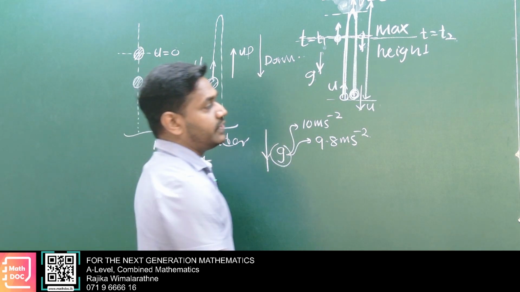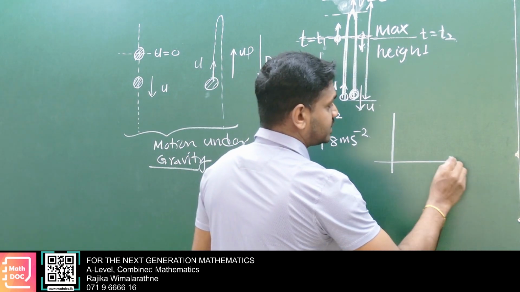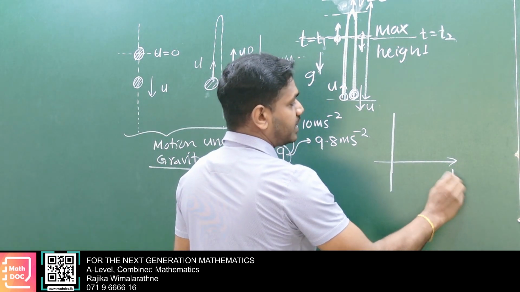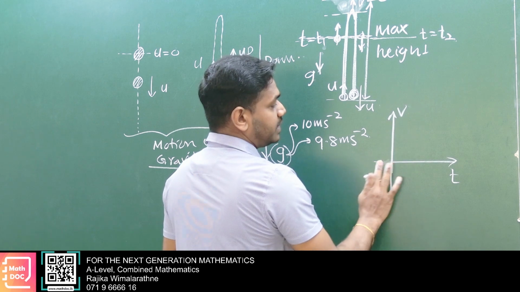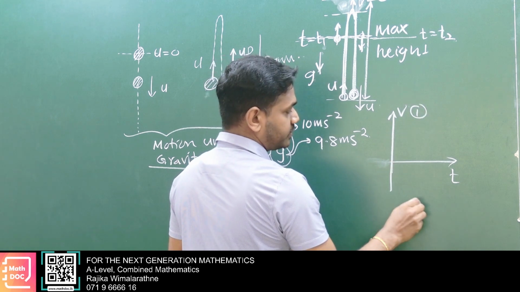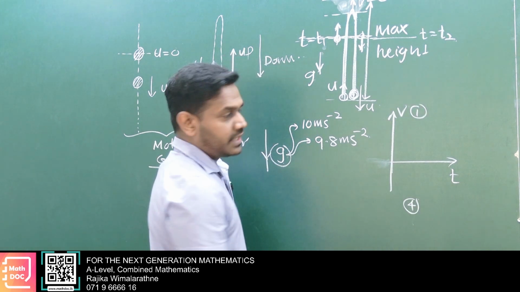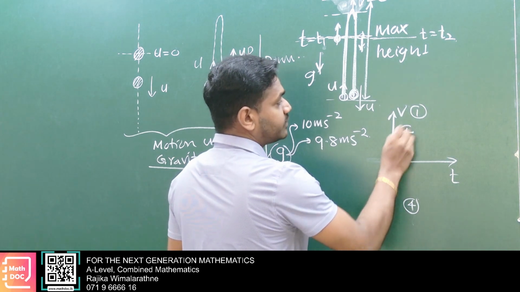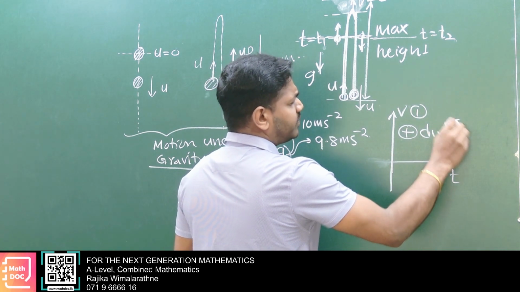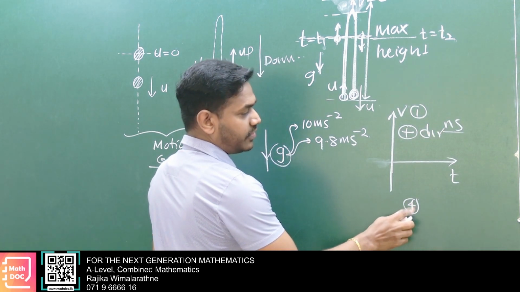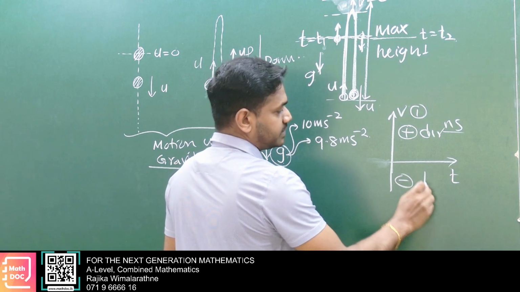When we sketch a velocity-time graph, here is time and this is velocity. The first quadrant we take for positive directions, and the fourth quadrant for negative directions.